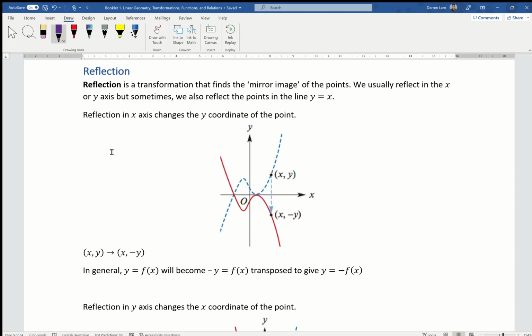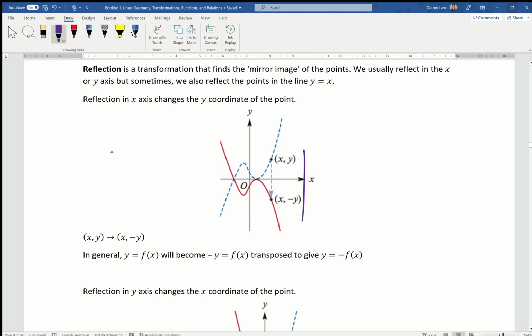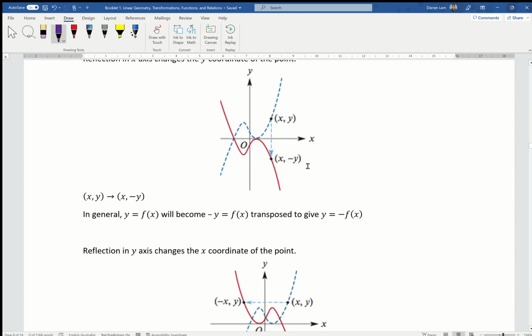So if I say reflection in the x-axis, you reflect this way. If I say reflection in the y-axis, again, the y-axis becomes a mirror and we reflect this way. If I say reflect along an axis, that doesn't make sense because that's for dilation. But keep in mind the wording, okay?